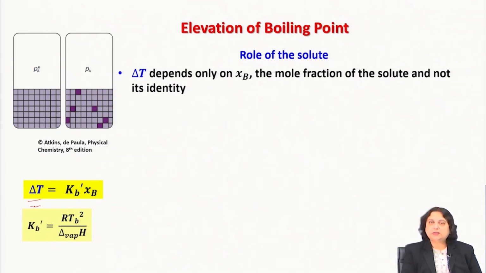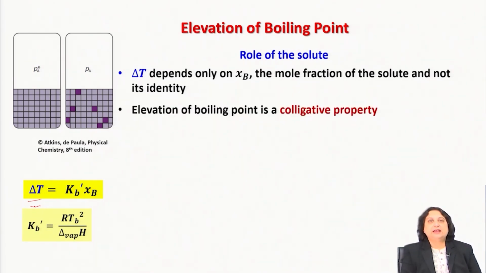That is the only place where the contribution of the solute is coming. Now, what is Xb? That is the mole fraction of the solute. Now, does delta T depend on the identity of the solute? The answer is no. And therefore, I can say that this elevation of boiling point, as given by the experiment that I am looking at, must be a colligative property by definition.